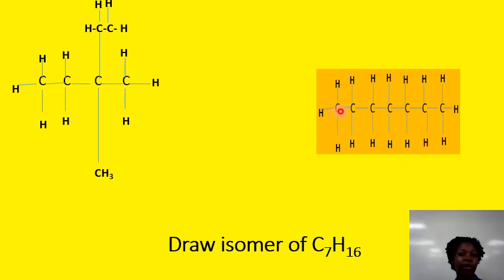So now I'm going to take out this end here and attach it here, and then I'm also going to take this end here, but instead of just taking 1 carbon atom, I'm going to take 2 carbon atoms. I'm switching it up.